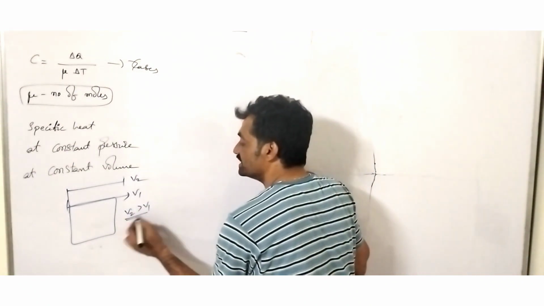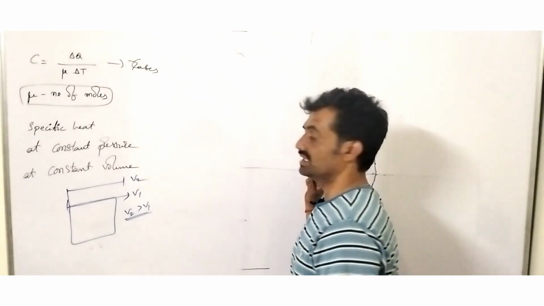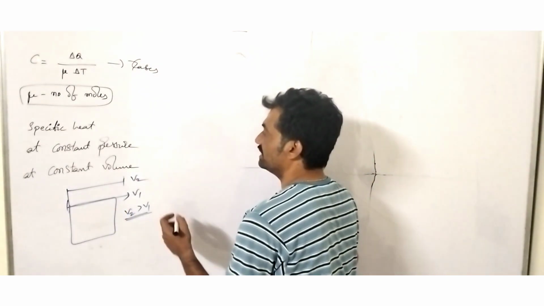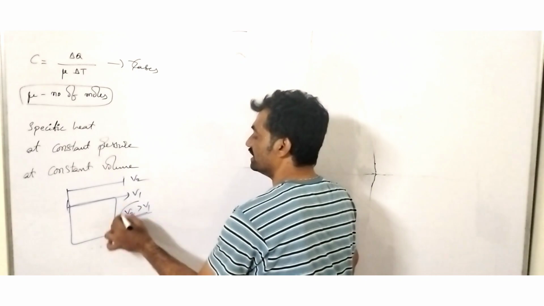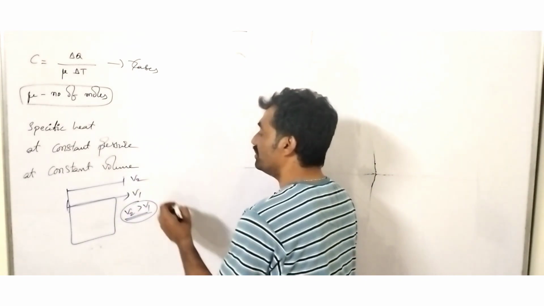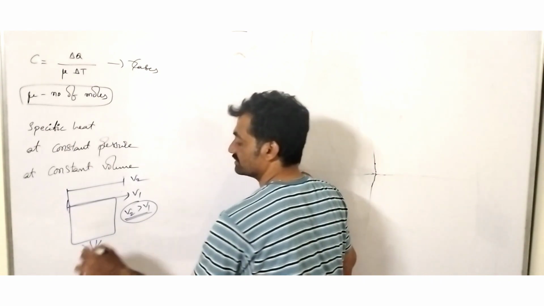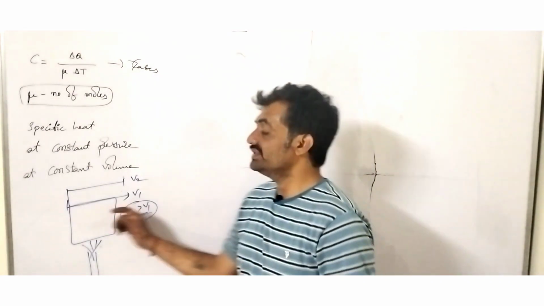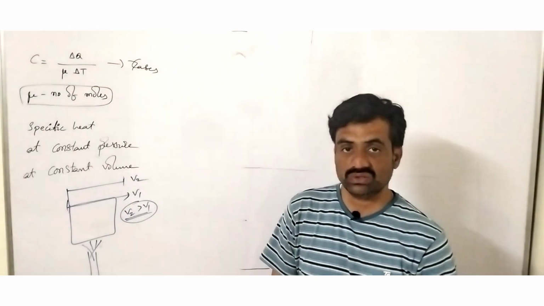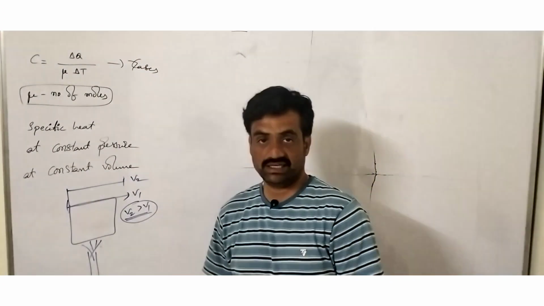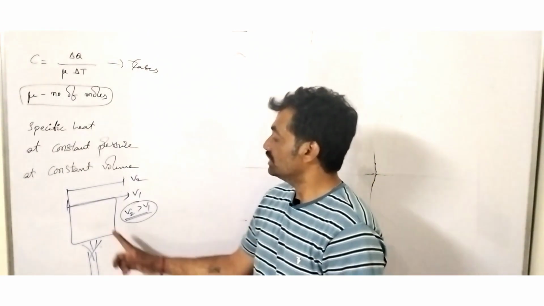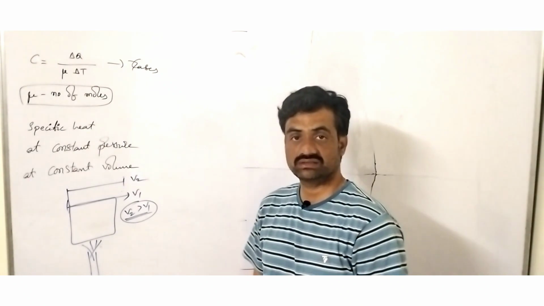Then the volume has increased. As we observe this condition, the amount of heat supplied to the system has been utilized by the gas molecules to increase its internal energy as well as to do external work.